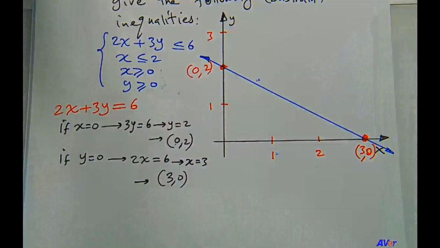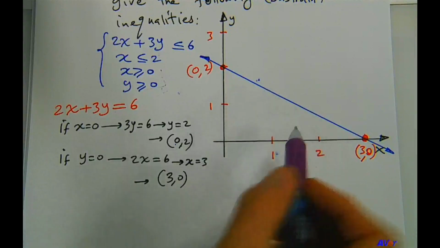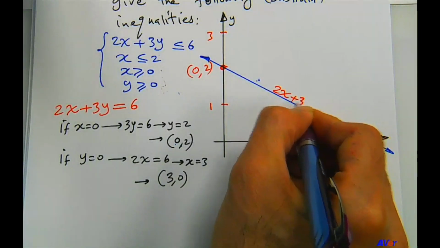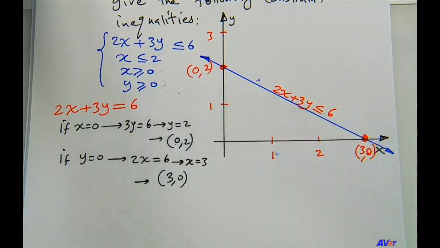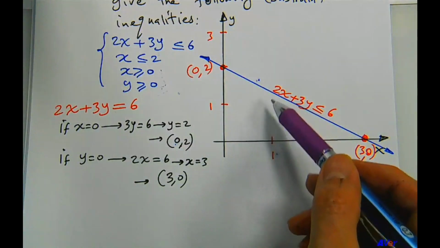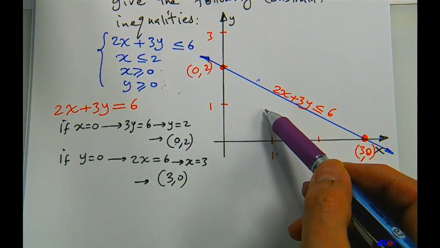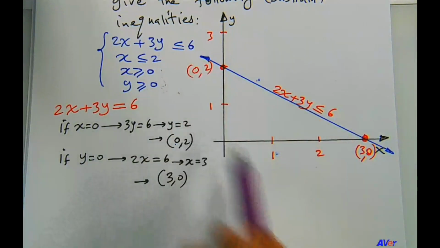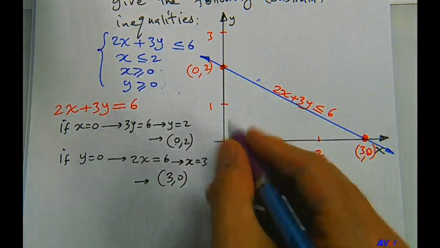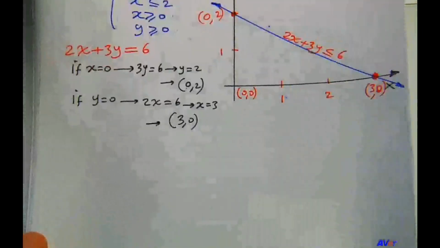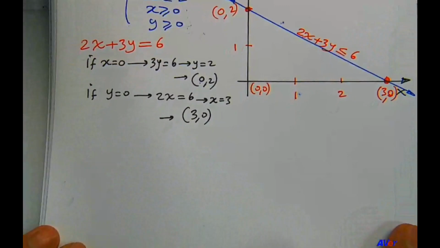And I'm going to write the inequality that is associated with this boundary line right on top of it, like that. Now we need to find a test point to see, is this side the solution of this inequality or that side? This line is not going through the origin, so I'm going to pick 0, 0 as my test point because it's such an easy point to test.